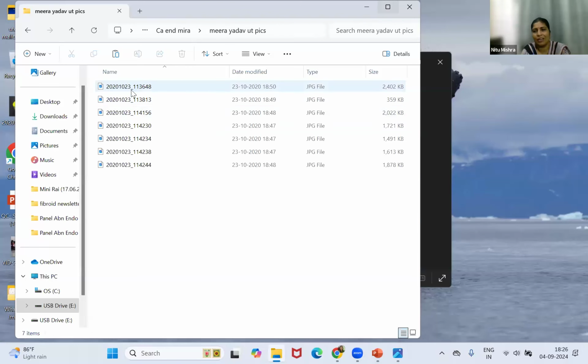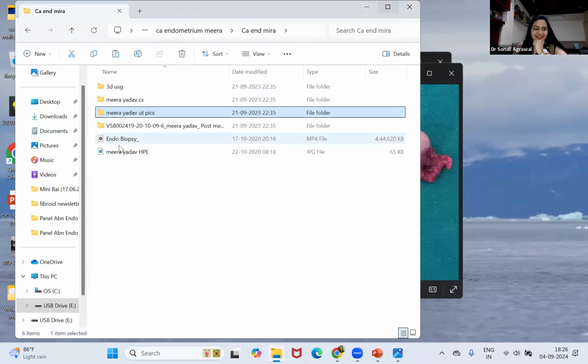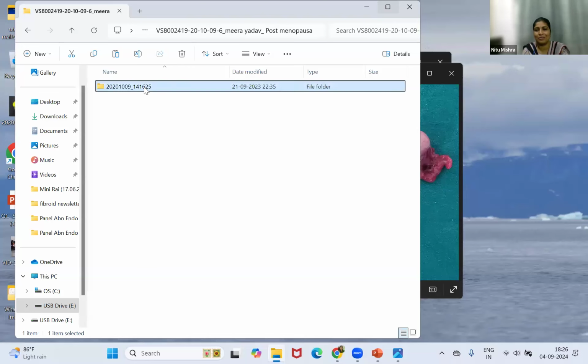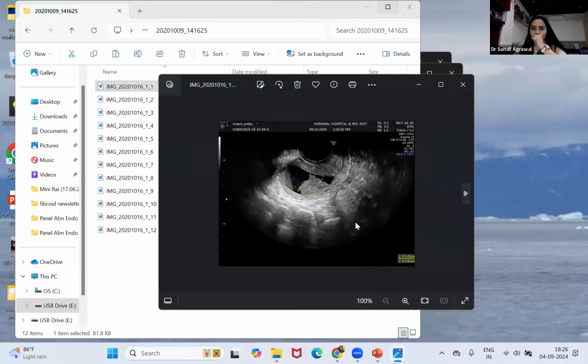It is very good, Sonali, that you save all the pictures, images, and videos. It is a very huge task, and it is satisfying also when you look back and see your images and videos, and correlate.